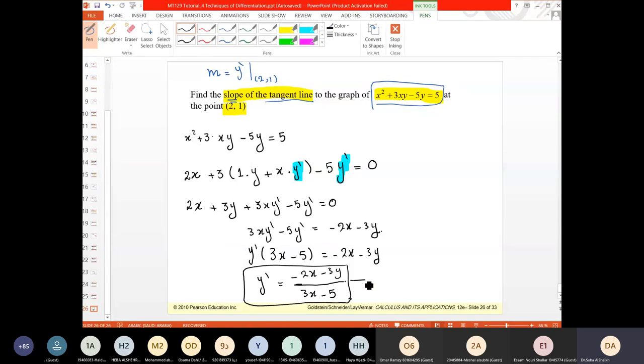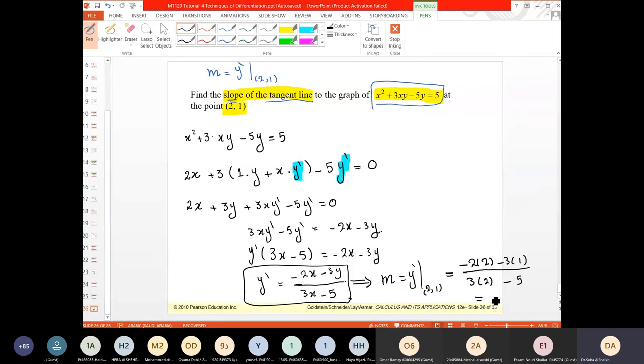Now, since they want the slope at the point (2, 1), the slope at the point (2, 1), which is the M, is nothing but y dash at the point (2, 1), meaning x is 2 and y is 1. So I replace x with 2 here. This will be minus 2 times 2, minus 3 times y, which is 1, divided by 3 times x, which is 2, minus 5.